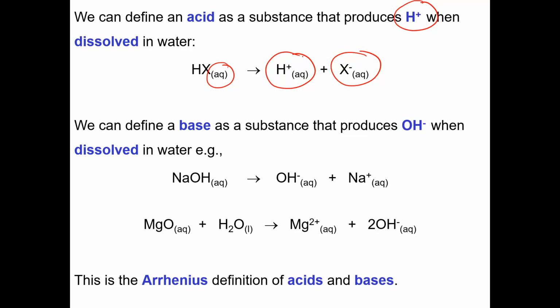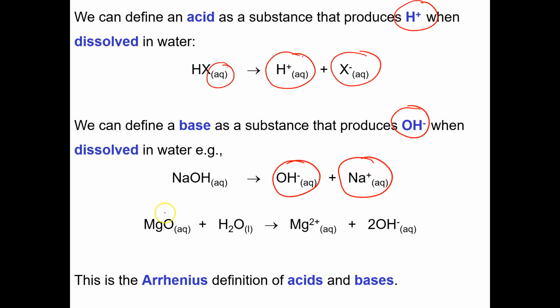A base can be defined as a substance that produces the hydroxide ion when it's dissolved in water. A good example of this are soluble metal hydroxides. When these dissolve in water, because they're ionic species, they dissociate into hydroxide ions and a cation.